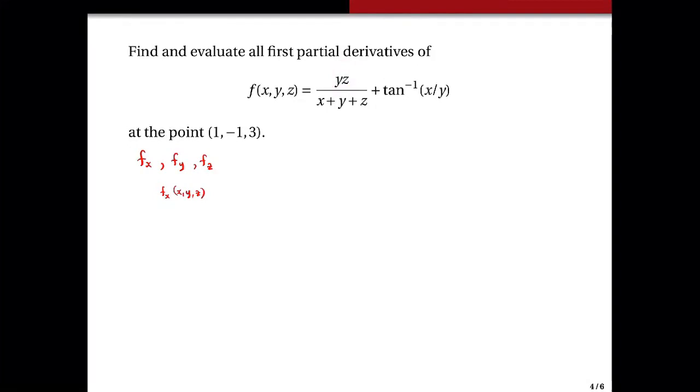So it's just some constant divided by this guy here, and this is your variable x. So what will that be? You have negative yz divided by x plus y plus z raised to power 2.